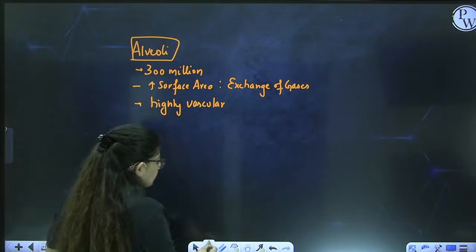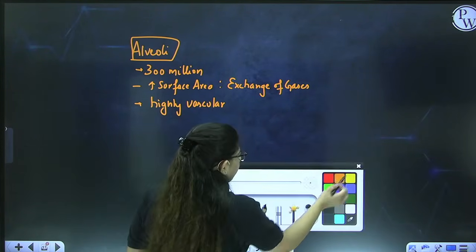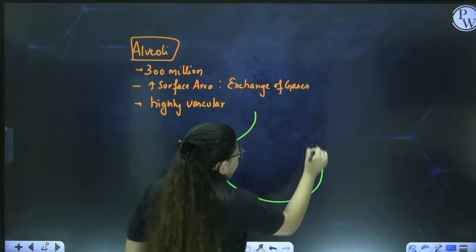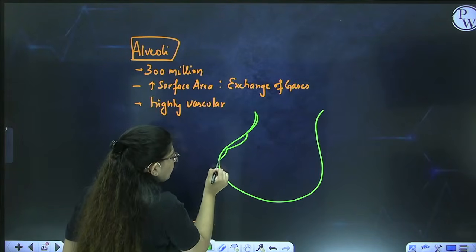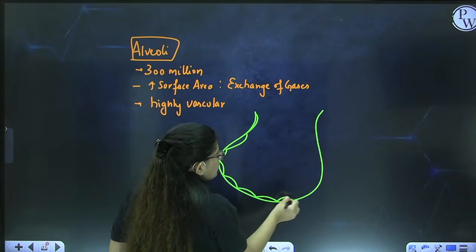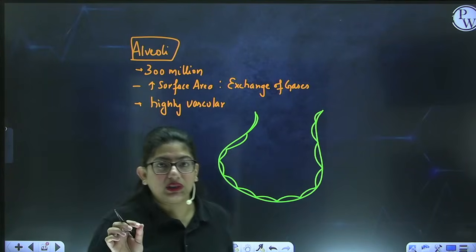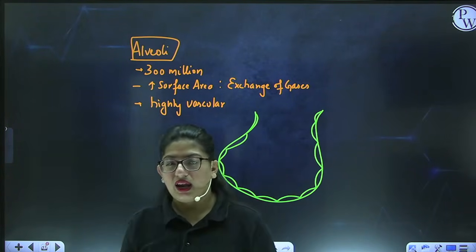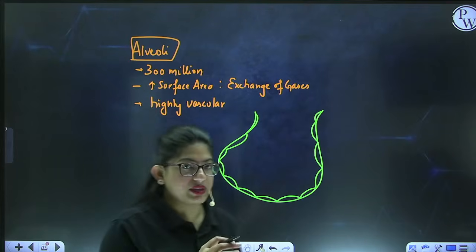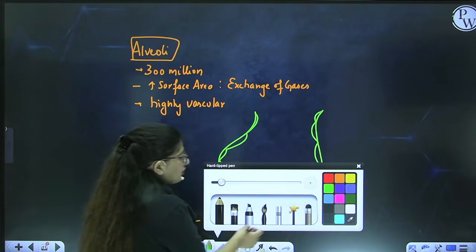Okay, let's see this one. This is the alveolus. The alveoli have an epithelium known as simple squamous epithelium. So air sacs, or alveoli, have simple squamous epithelium.